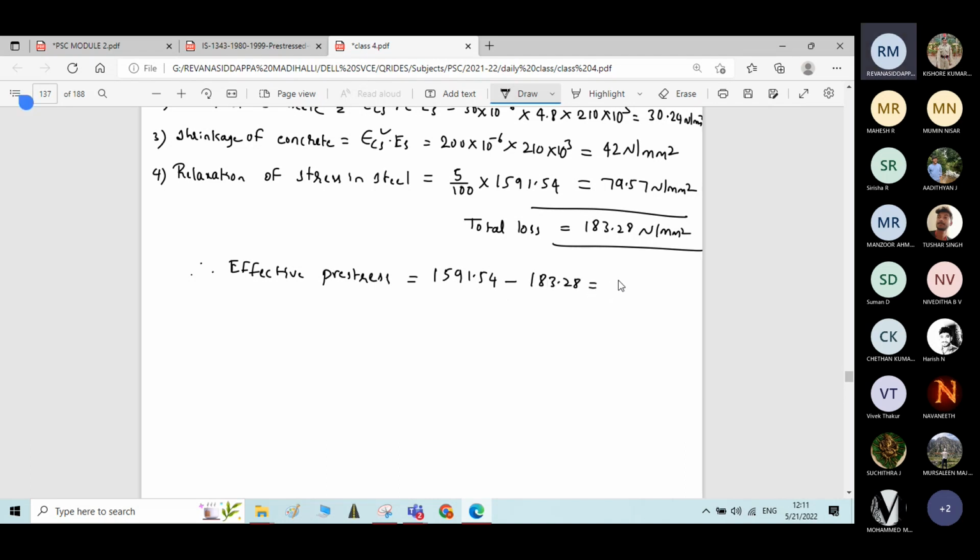Therefore the effective pre-stress is 1408.26 Newton per mm square. This is the effective pre-stress that exists in the member.